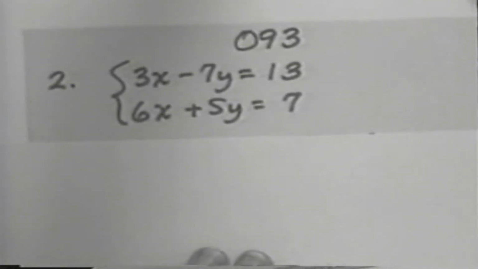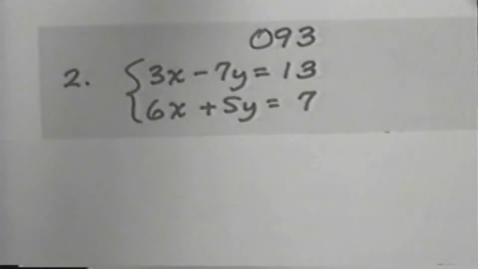For our next example, we have 3x subtract 7y equals 13, and 6x plus 5y equals 7. We can choose to multiply by any numbers we prefer so that the coefficients of one of the letters are opposites.